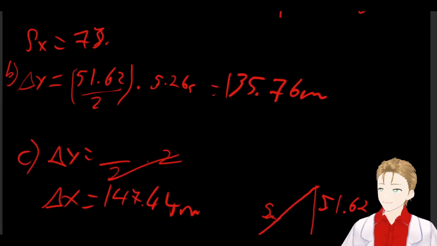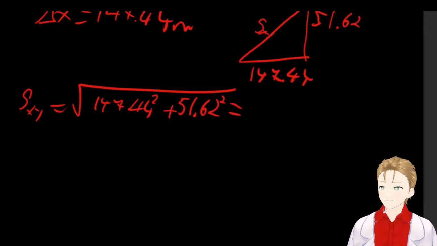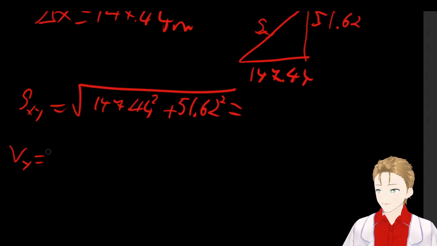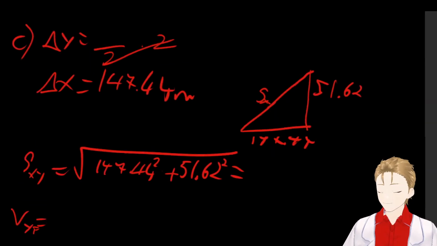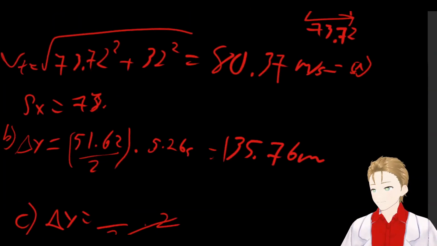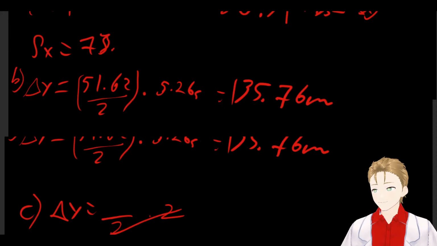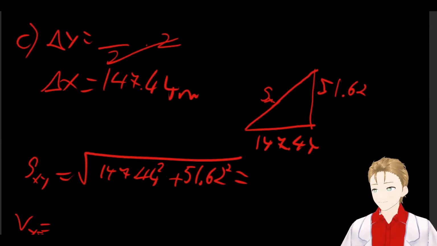What's the velocity of Y? Y final at 2. Wait, didn't I already figure it out? We already had it somewhere. Oh, it's 32. Right?